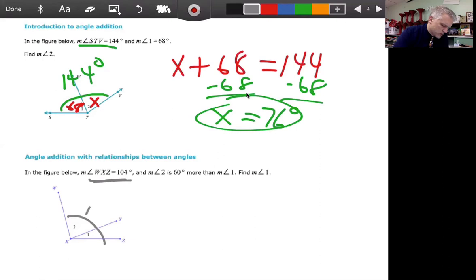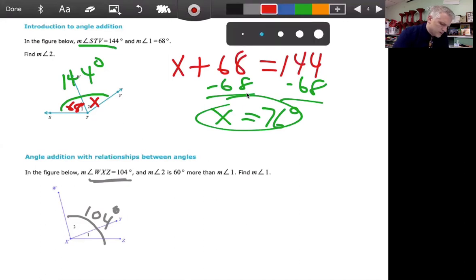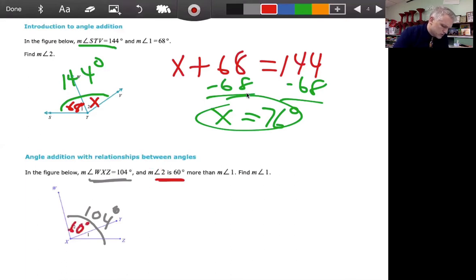Okay, so 104 degrees for the big angle. And then it says the measure of angle 2 is 60 degrees. But it's not just 60 degrees. Uh-oh. It's 60 degrees more than angle 1.